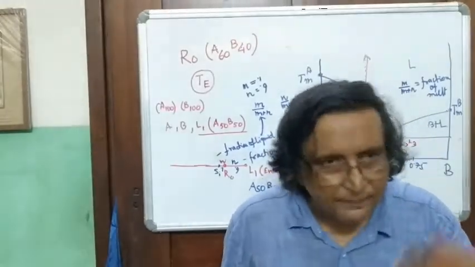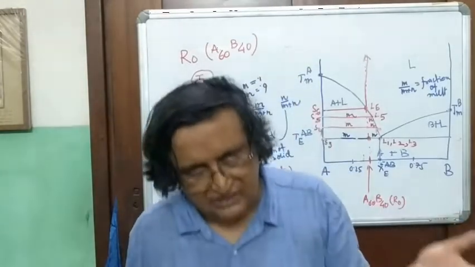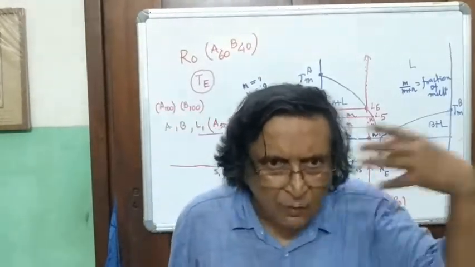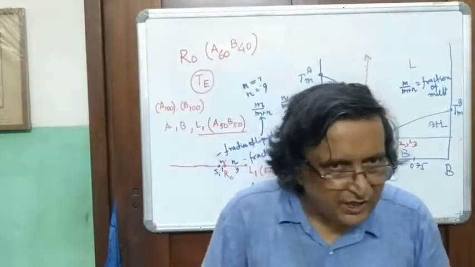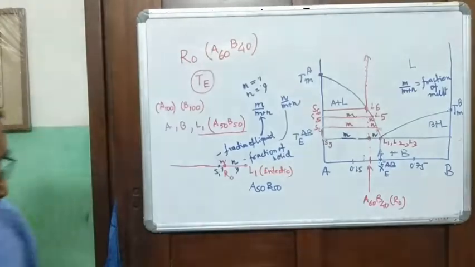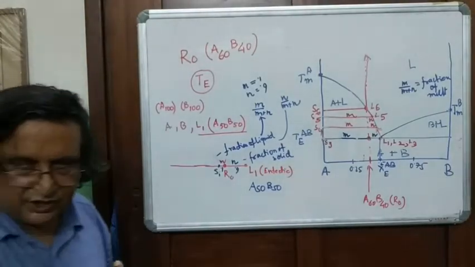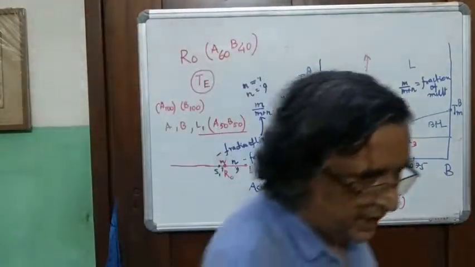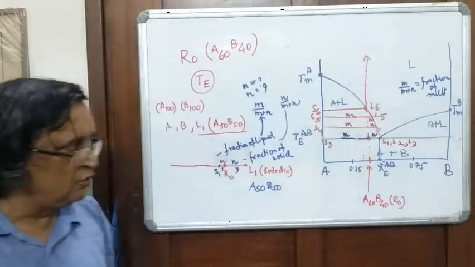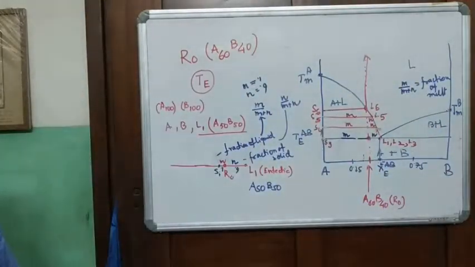Composition of solid, composition of melt, composition of what? Ask yourself the question, why, what? And you have to answer the question yourself. Now, this is not a physical class where I can ask students to come over and answer my question. Then it's much better. Understanding phase diagram is no small thing. It's quite big.